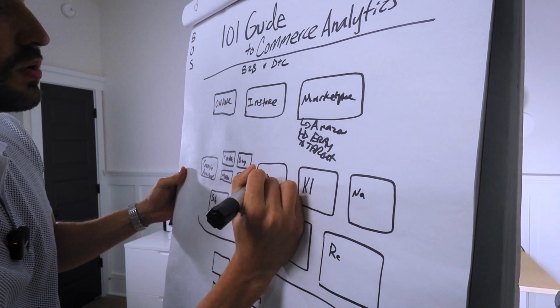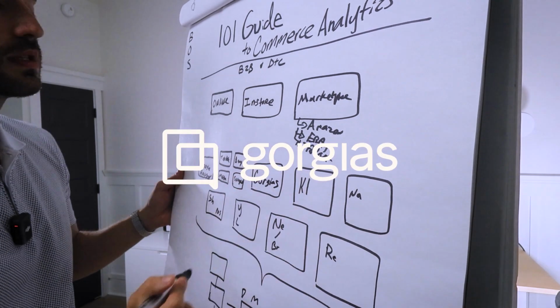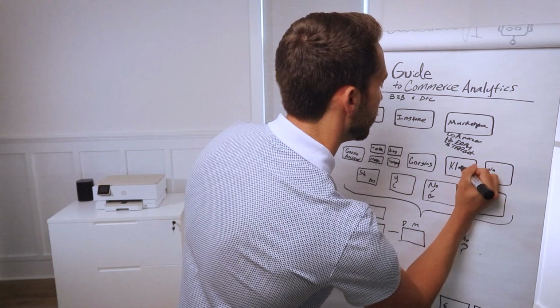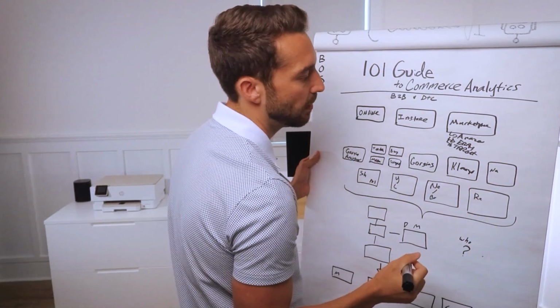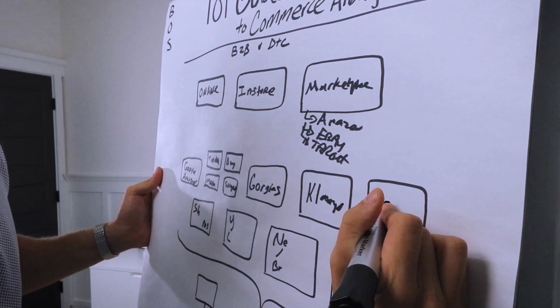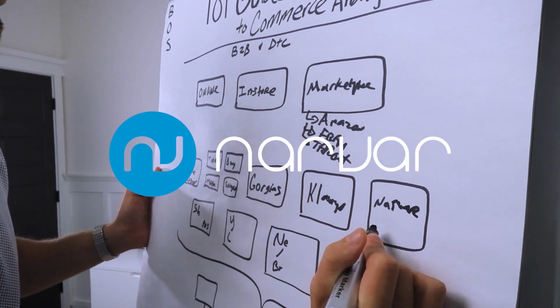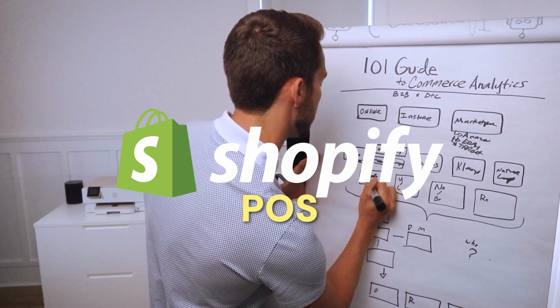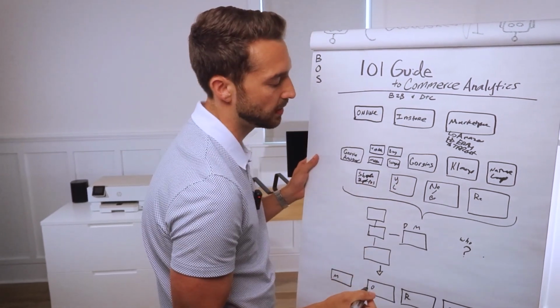You'll be leveraging another tool potentially, maybe like Gorgias. You think about your customer response and ticketing. You'll have another tool for Klaviyo, types of email campaigns and flows as well too. You might have returns, maybe something like Narvar or Loop that's involved. You're going to have your carts like Shopify POS for all that data that's being stored.